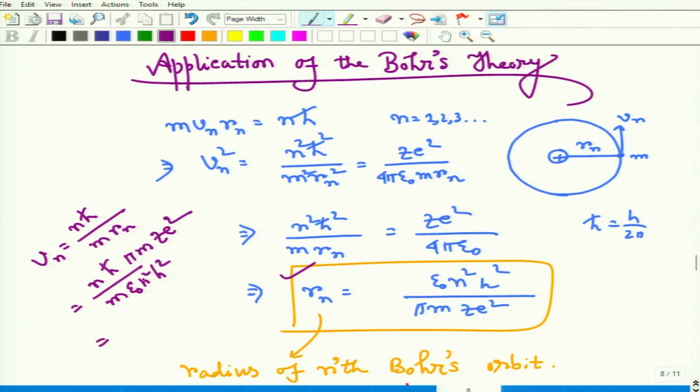So what will be the case? nħ, we can write it as nh by 2π. Then here is also n² h², so the square goes away, π will cancel, and it will be Z e² divided by 2 ε₀ nh. So this is the Vn.